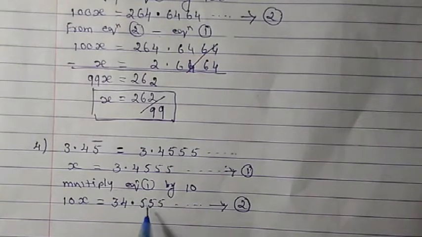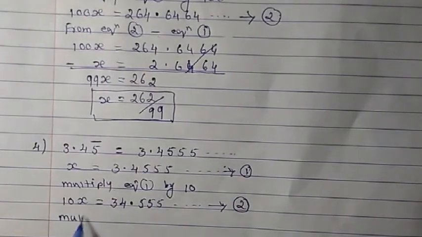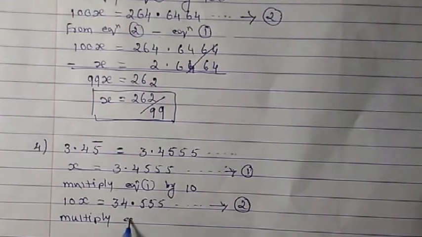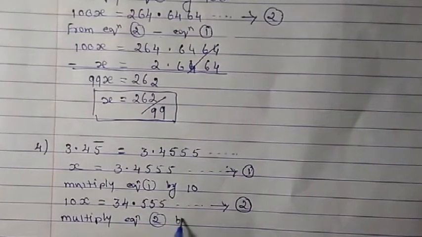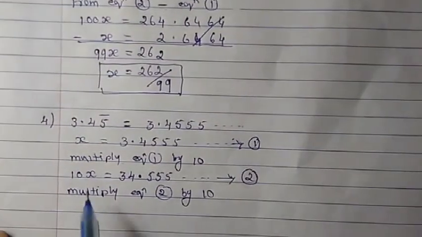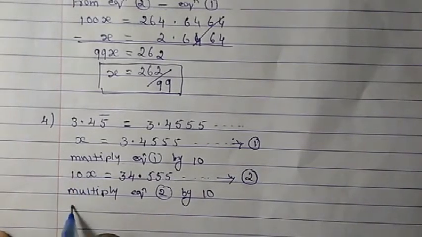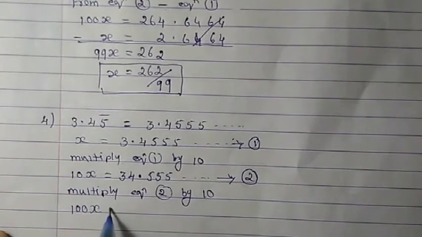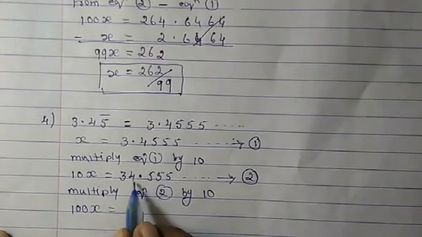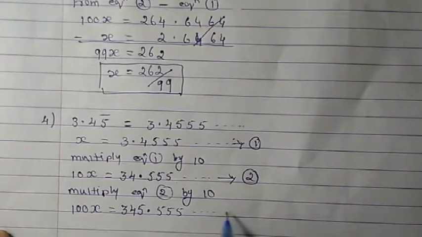So we want the 1 digit 5 to come inside. So what will we do again? When one digit you want to bring inside, we multiply by 10. So again multiply equation 2 by 10. So what will we get? When you multiply equation 2 by 10, this will become 100x, and then one digit will come inside, and the rest of the things get repeated.